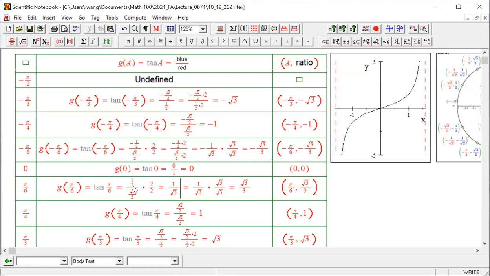Do you see that 2 and 1/2 becomes 1? 2 times root 3 over 2 becomes root 3, yes? And then we multiply by another 1. Anything times 1 stays the same, and this one is chosen to be root 3 over 3. Root 3 times root 3 is root 3 squared, which equals root 9. Root 9 is 3, yes?